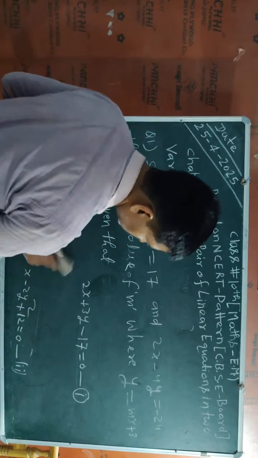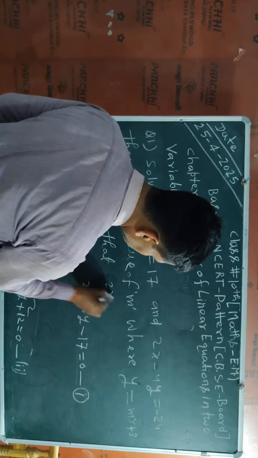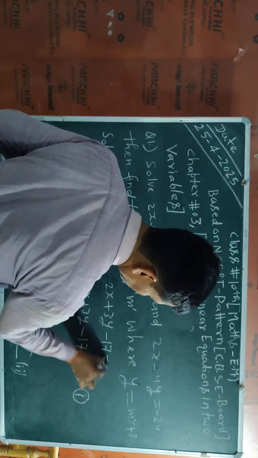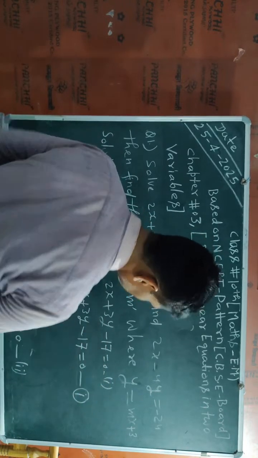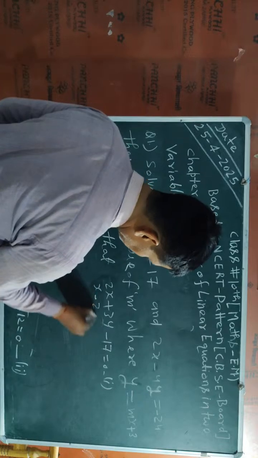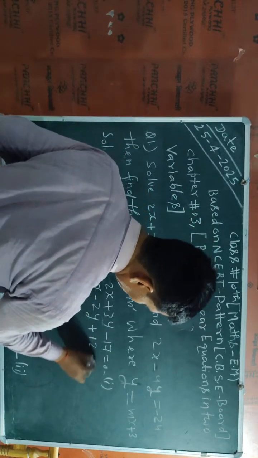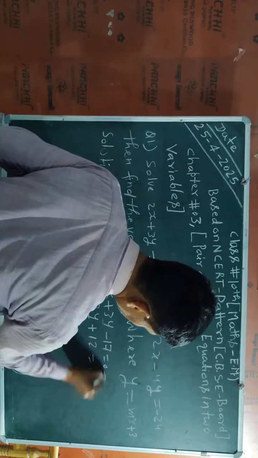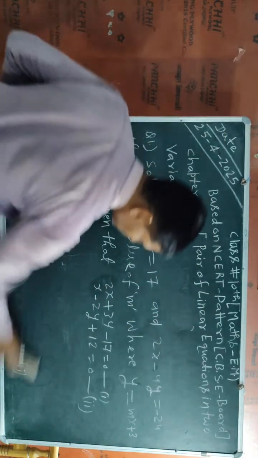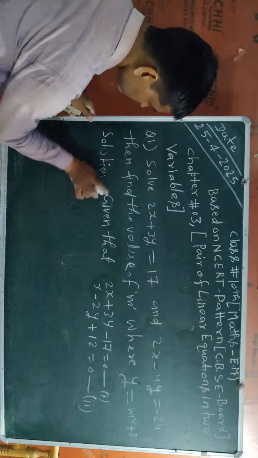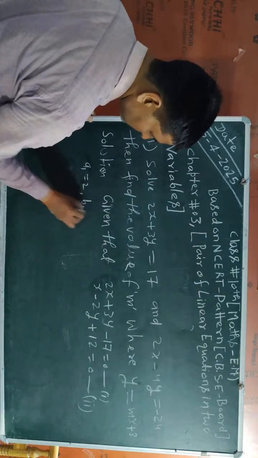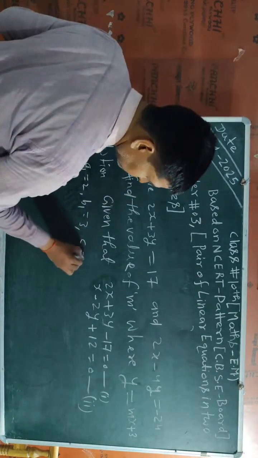Equation 1 is 2x plus 3y minus 17 equals 0, and equation 2 is x minus 2y plus 12 equals 0. Taking the coefficients: a1 equals 2, b1 equals 3, and c1 equals minus 17.